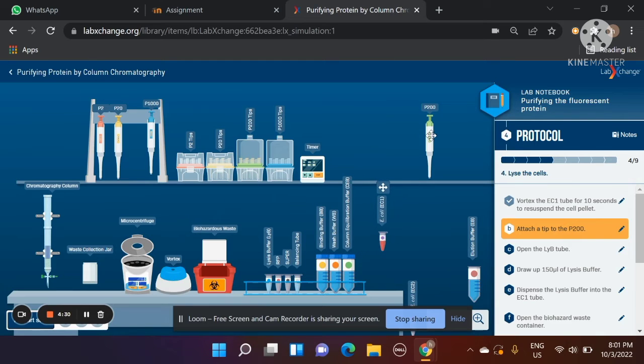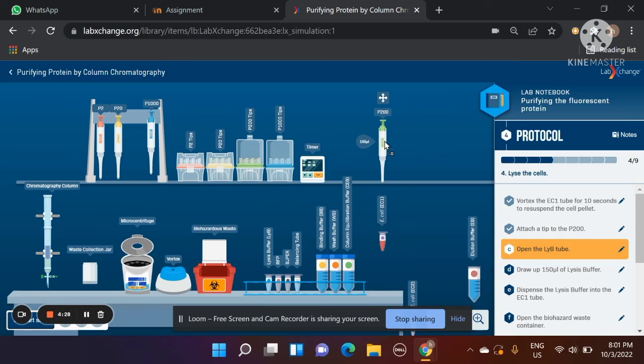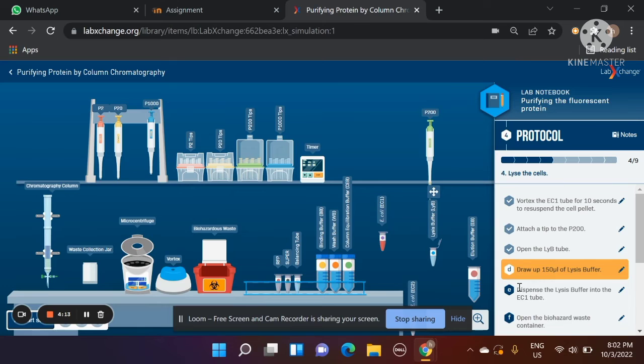Afterwards, we have to attach the tip for the P200. Open the LYB tube over here. Then we have to open the LYB tube and withdraw 150 microliters.